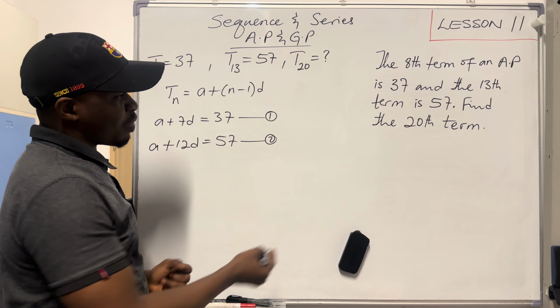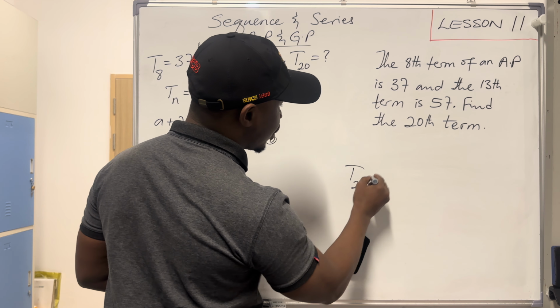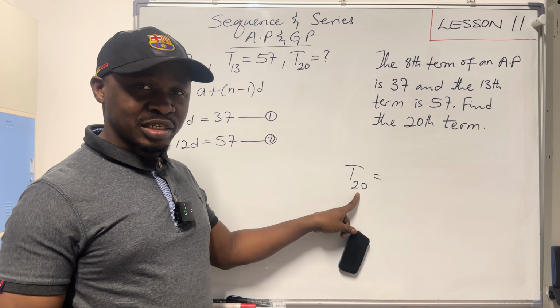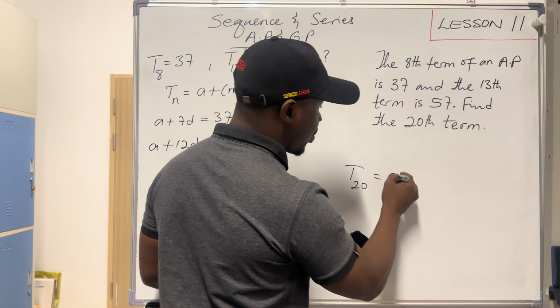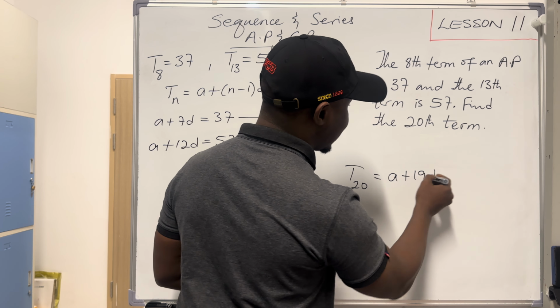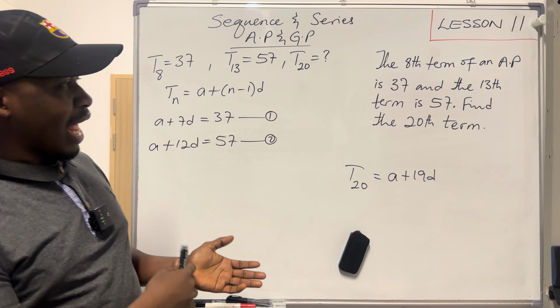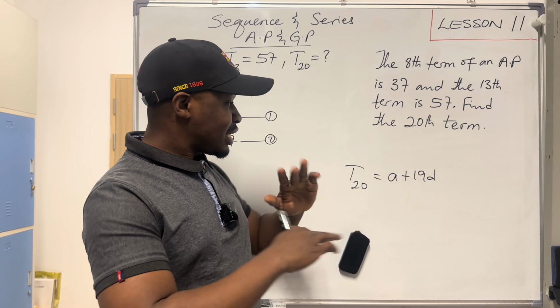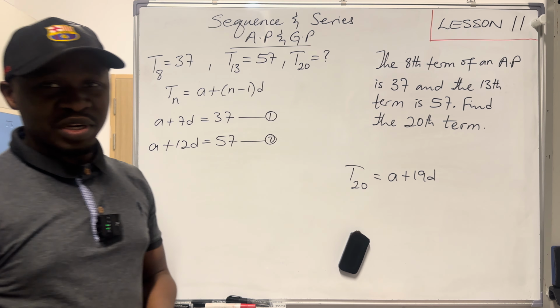This is what we want. The 20th term, according to the technique I've just told you, is 20 minus 1, which is 19, so a plus 19d. If the question had said find the 20th term in terms of a and d, this would have been the result.